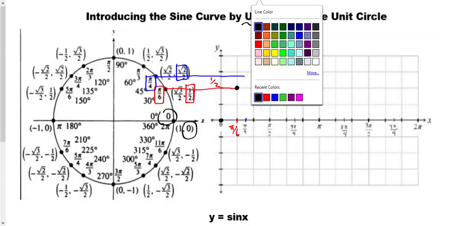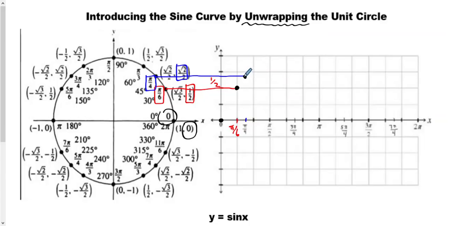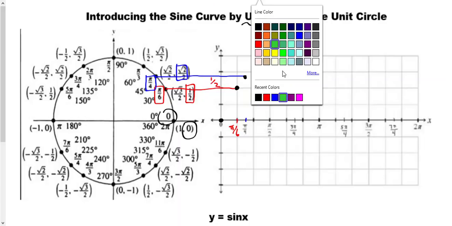And we can put a point on the graph right here. Now what you should start to see forming is this curve as we approach pi over 2, because what we're doing is we are climbing and climbing to the top of the unit circle, where we will finally hit a height of 1. But it's not a straight line, it's more of a gentle curve.